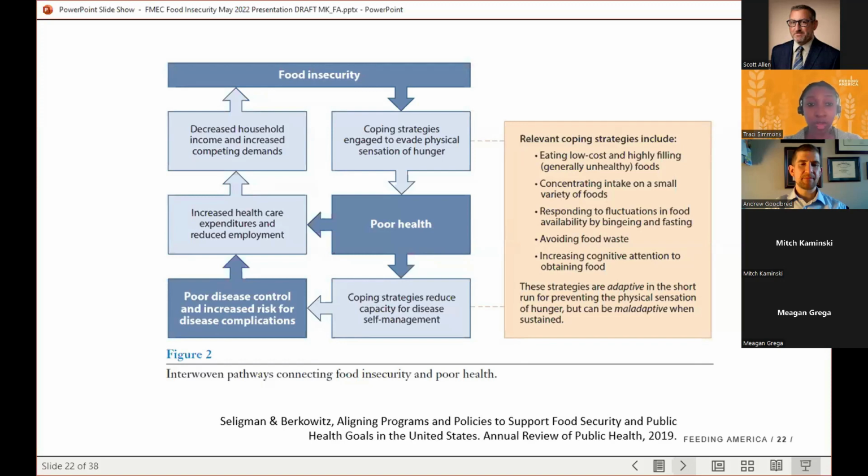And those poor health outcomes really just create the cycle of food insecurity that at times can seem unending. And so we really want to ensure through our partnerships that we're finding ways to engage with the healthcare system in order to have deep impacts on improving health outcomes for the long term.